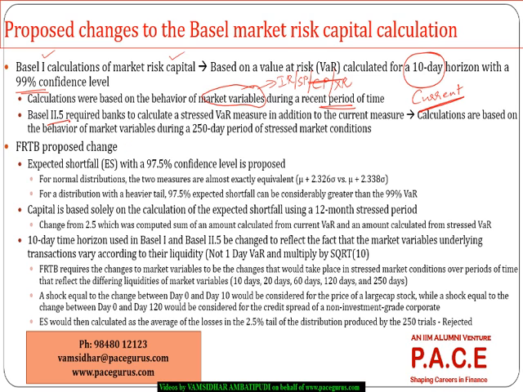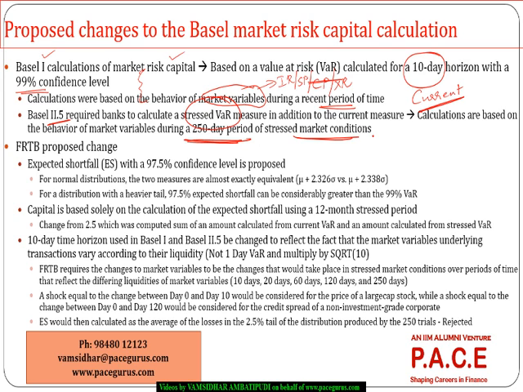Now that is what has been modified by Basel 2.5. We all know that they brought in a stressed VAR. Apart from the regular VAR computed based on the recent data, they also suggested a stressed VAR measure where the calculation is based on a 250-day period of stressed market conditions, which means banks have to identify the particular period which was the worst of the last 4 years, and that 250-day period should be taken as an input for the computation of the stressed VAR.